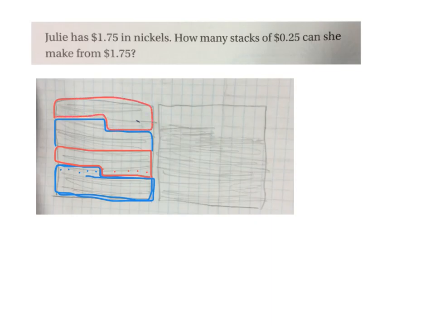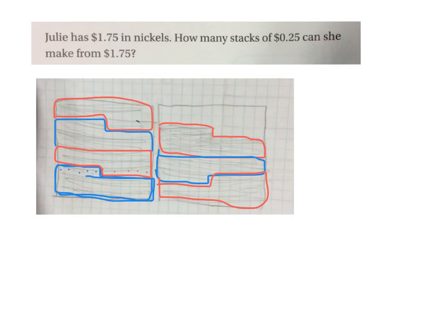Jason, please model it on your paper. Zara, how many groups did you find? 7 groups. So what does that tell us?